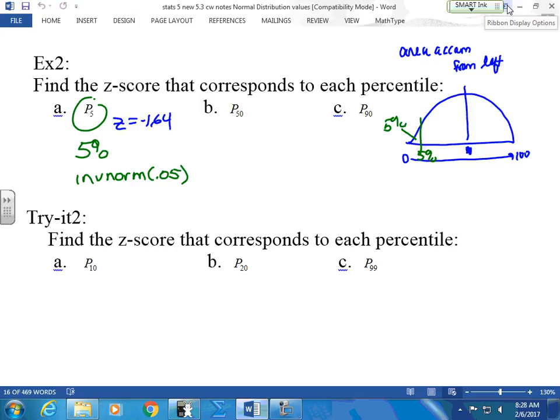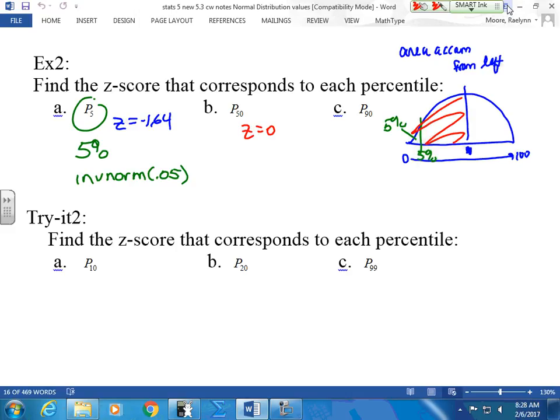50%. If you want 50%, what's your z-score? 0. That would make sense, right? 50% of my curve is right here. My z-score is 0. 90%. Give me an estimate. What do you think your z-score should be? Just wing it out there.